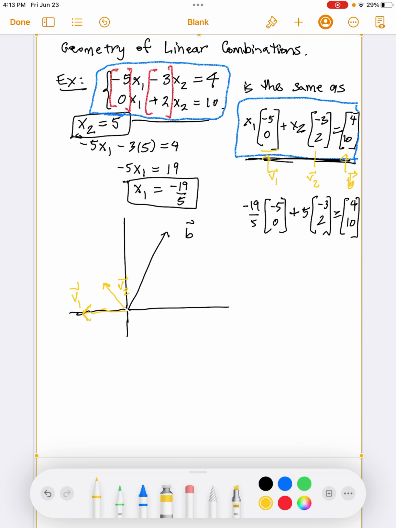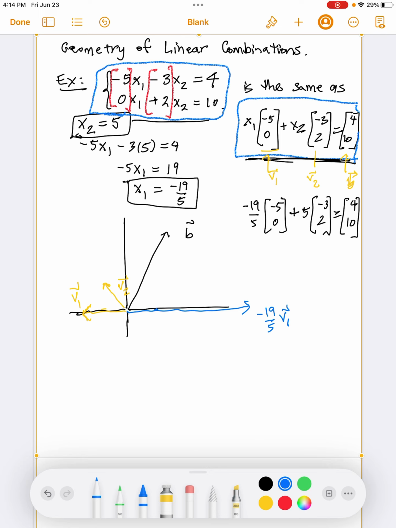So negative 19 over 5 v1 is going to look something like this. So this is negative 19 over 5 v1.